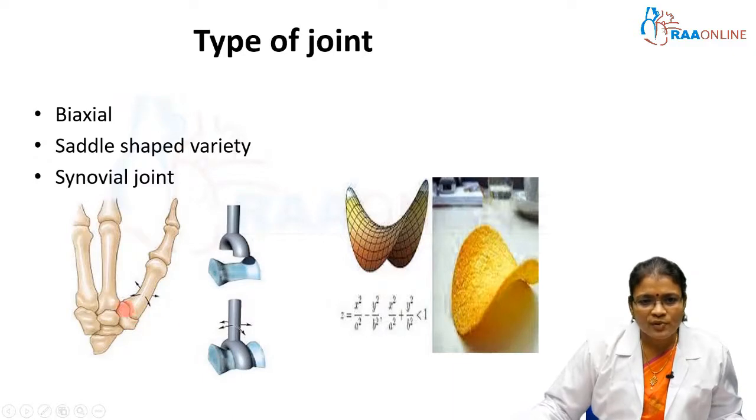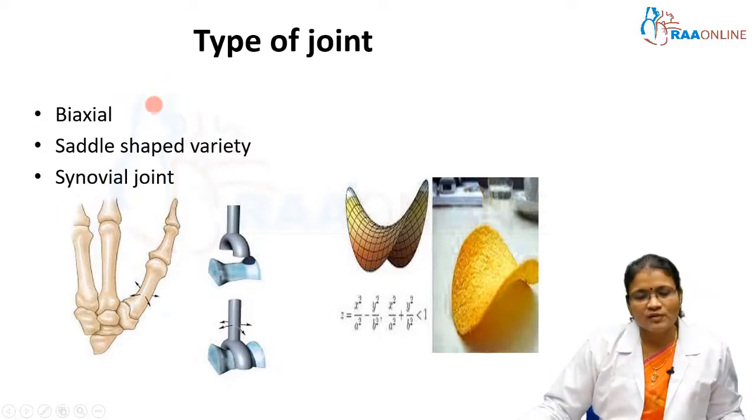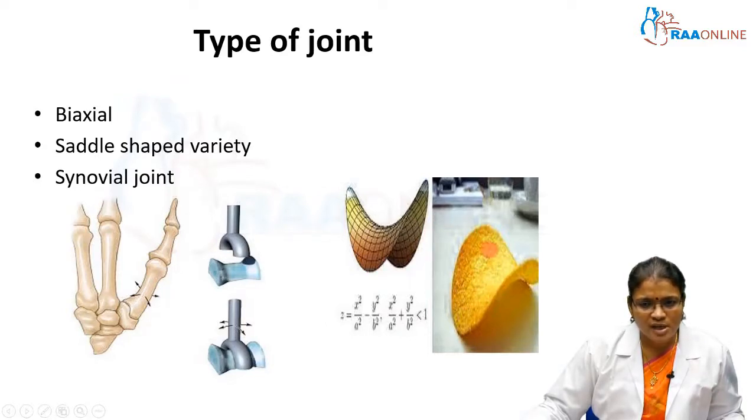The shape of the articular surface will be concavo-convex on one side and reciprocally concavo-convex on the other side. This shape is called a saddle shape. See, this is a Pringle. The shape of a Pringles chip is saddle shape.